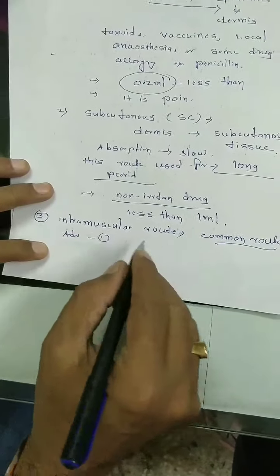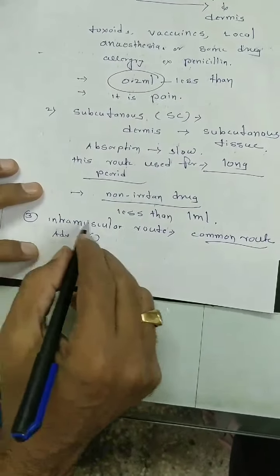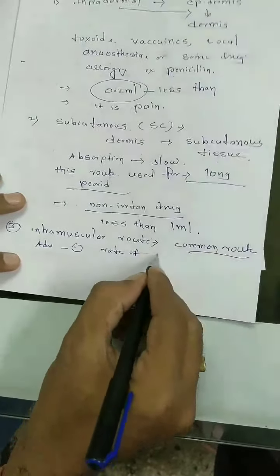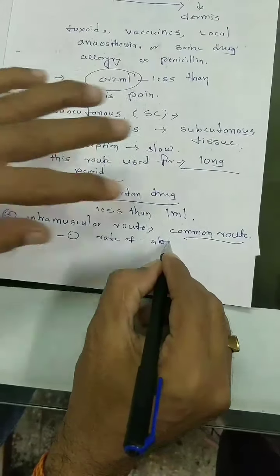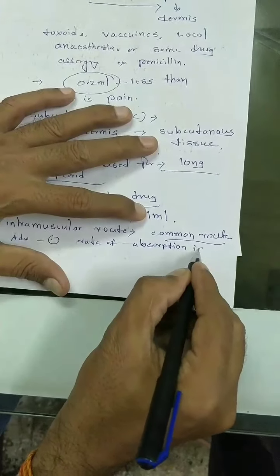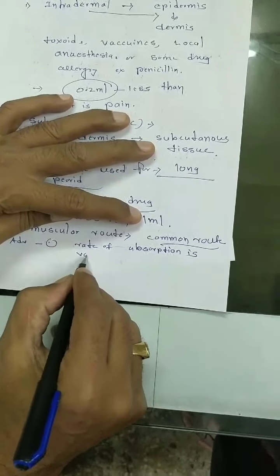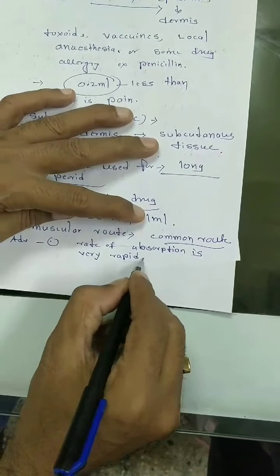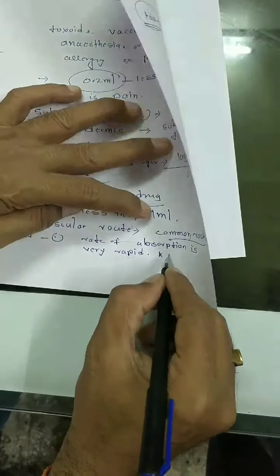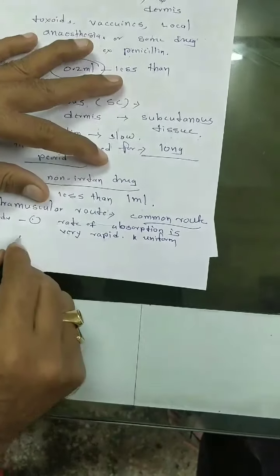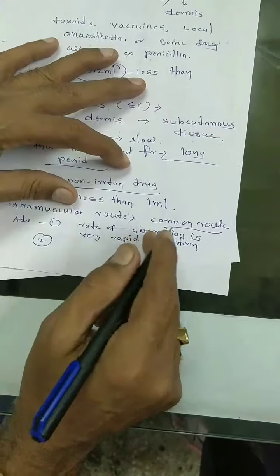The rate of absorption is very rapid. When you give the drug intramuscularly, the rate of absorption is very rapid, fast, and also uniform. 100% bioavailability.